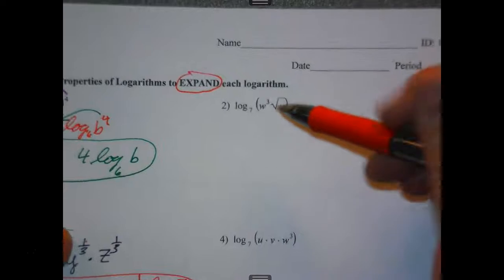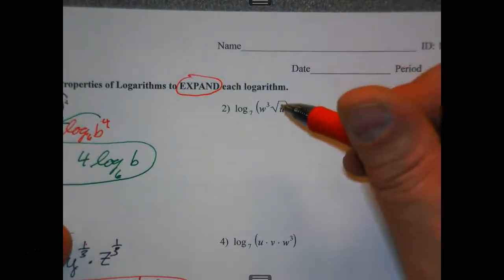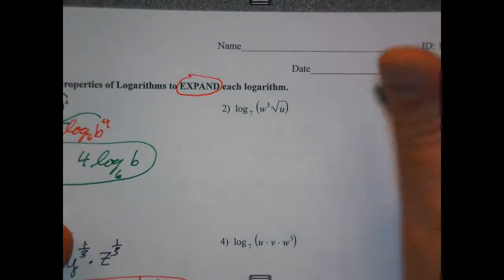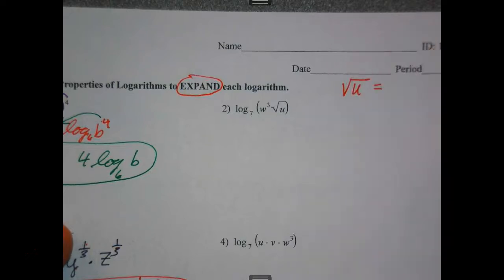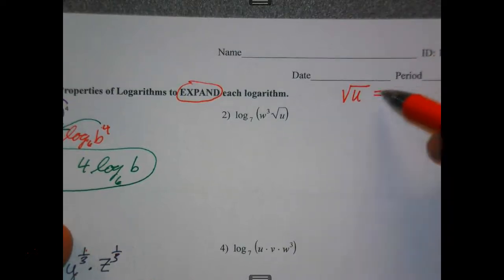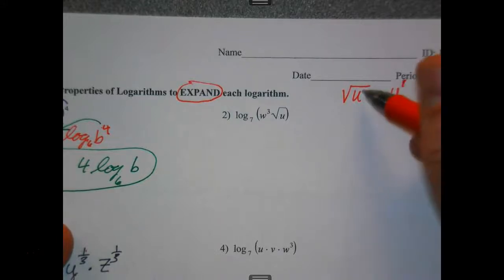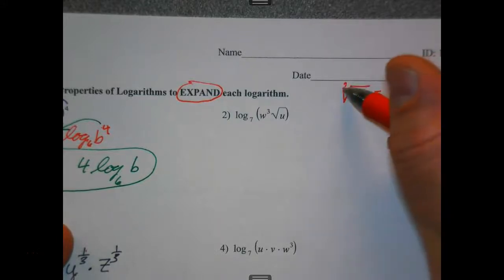You're going to have to rewrite the square root of u, making an exponent. What is it? Don't forget it's root 2. What's the exponent of u? 1, right? This is the square root.